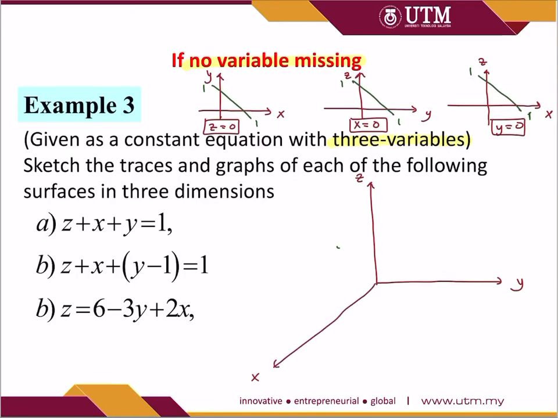For the xy trace, it is at z equal to 0, meaning that it is on the floor, isn't it? The trace is on the floor. So we have here 1, and for example 1 and 1 here, so it will be here.